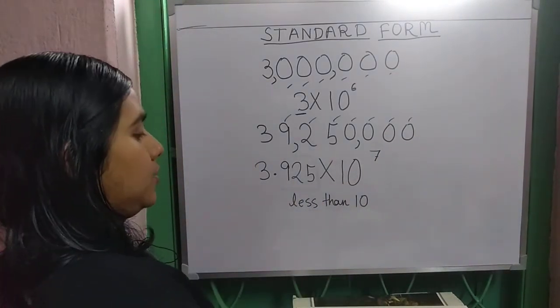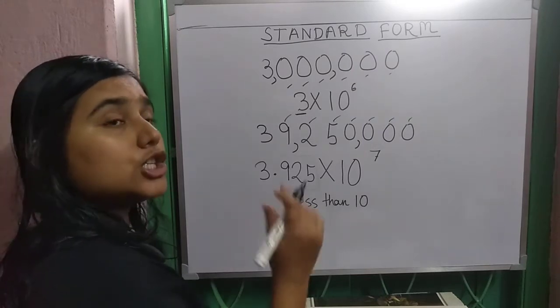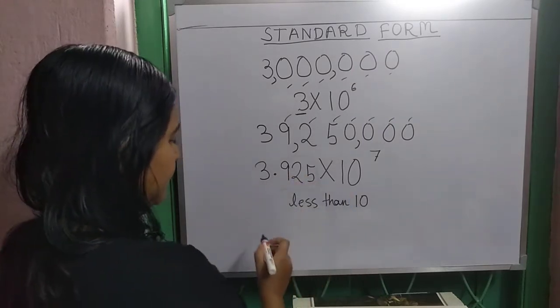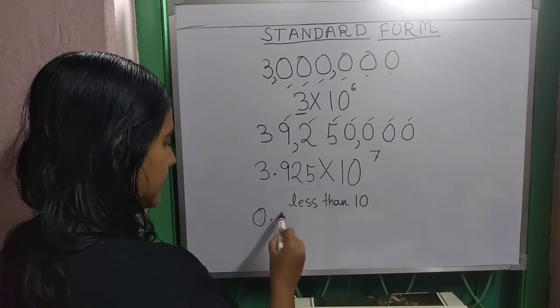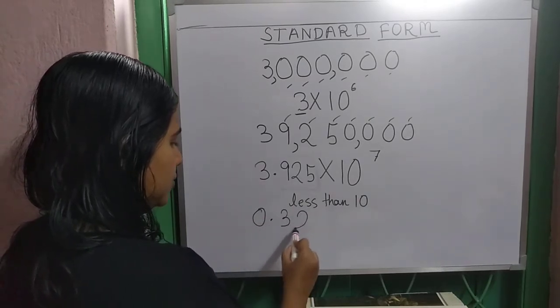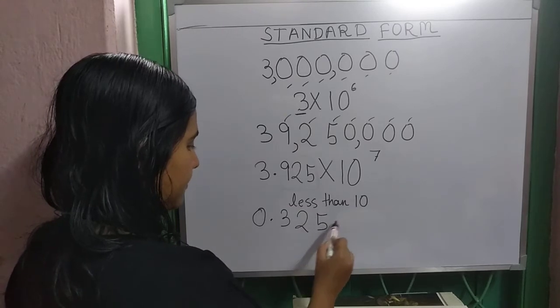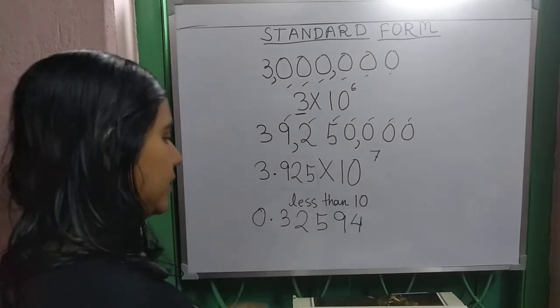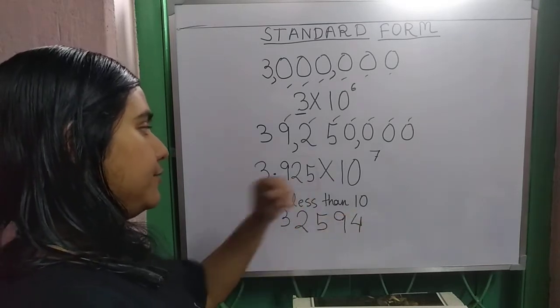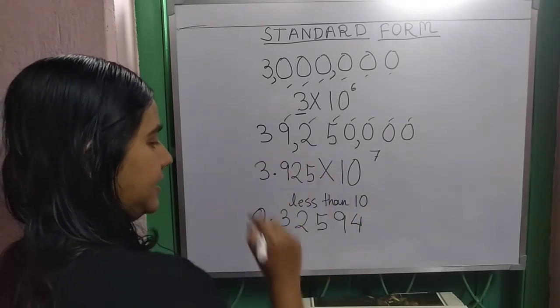Okay, now let's take a smaller number. Suppose I give you 0.32594. This number I have to convert into standard form.